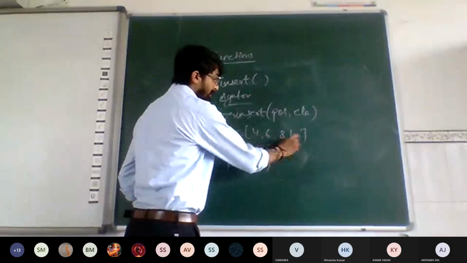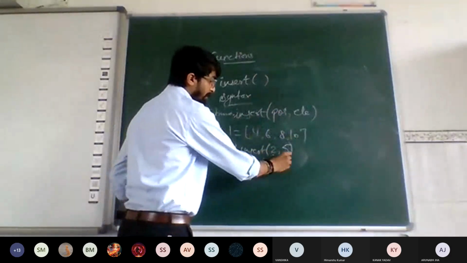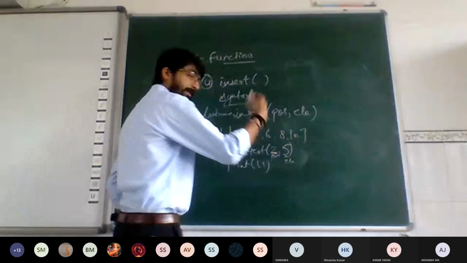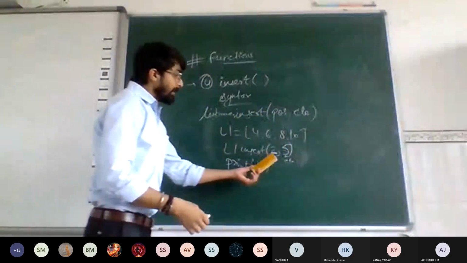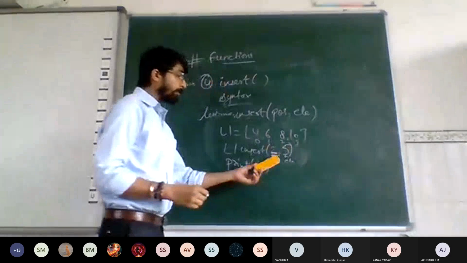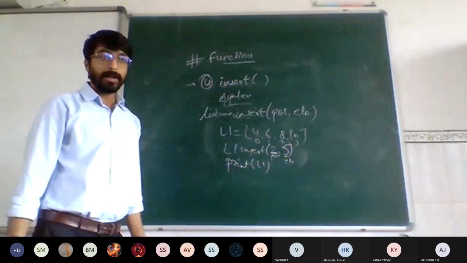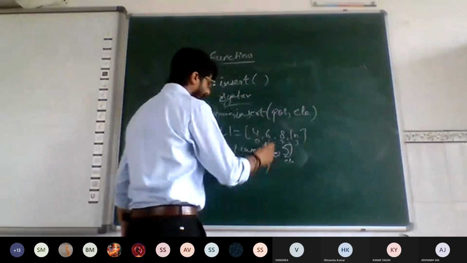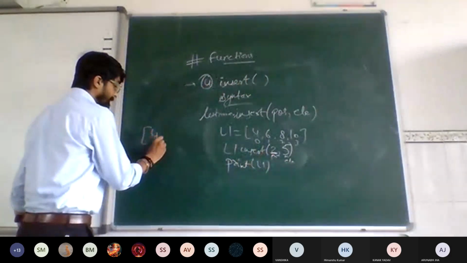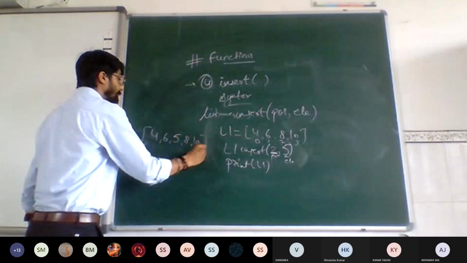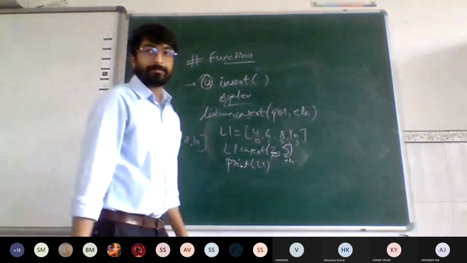I have written 4, 6, 8, 10 as a list. I have written 2, 5. 2 is the position, 5 is the element that has to be inserted. Right? Position 2, where it is 0, 1, 2, 3. The 2 position is at 8. So these elements 8 and 10 will get shifted to the right side and the output will be 4, 6, 5, 8.